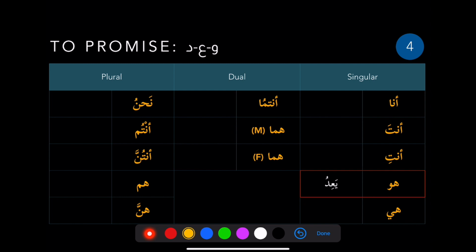We start by looking up the root wa'ada in the dictionary, like we usually do, to get the huwa conjugation, which is ya'idu. Notice that the waw dropped and the second radical has a kasra as a vowel.